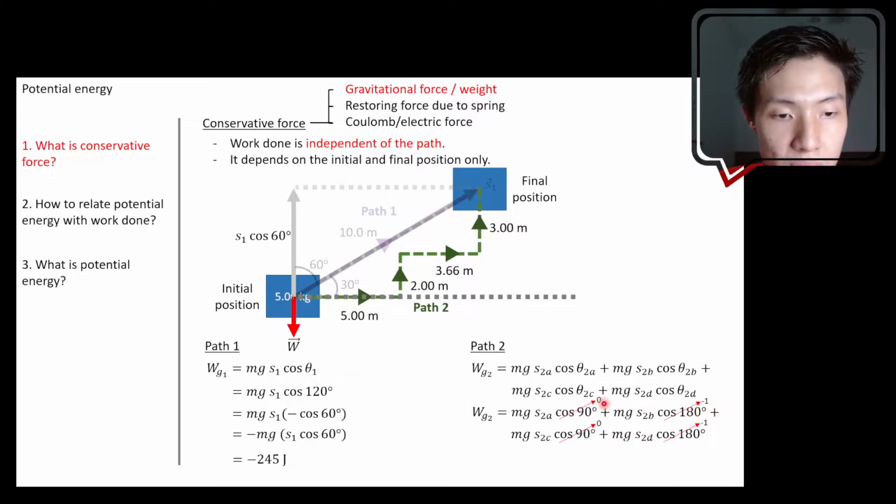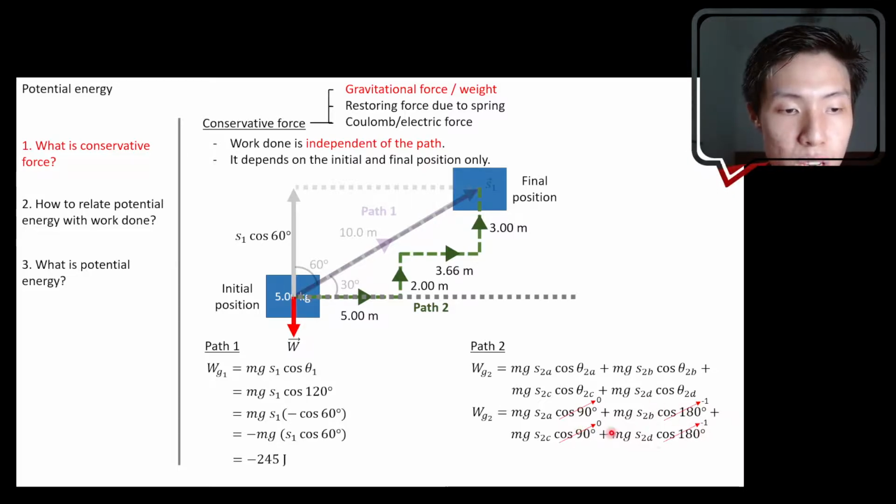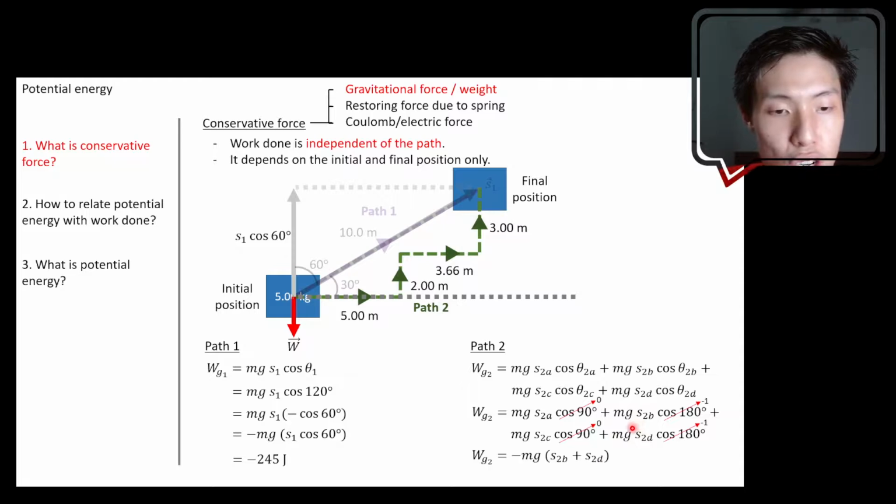Now, if we have 0 over here, that means these two terms here will disappear. Then we are left with these two terms only. And since this is a negative sign, we bring in front the negative sign, and we do a bit of factorization, factorize out the mg, then you should arrive at an equation that looks something like this.